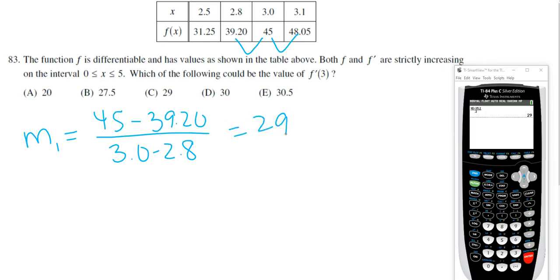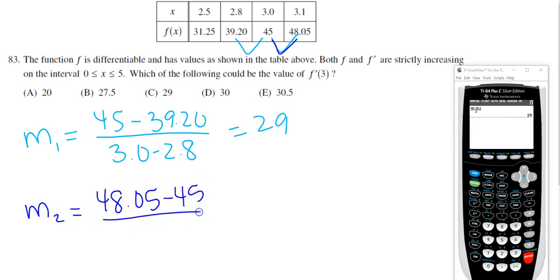And then I will find the slope between those two. I'm going to call that m2 for slope 2. So that's going to be change in y over change in x. Okay, again, let's make the calculator do that. So 48.05 minus 45 all over 0.1.